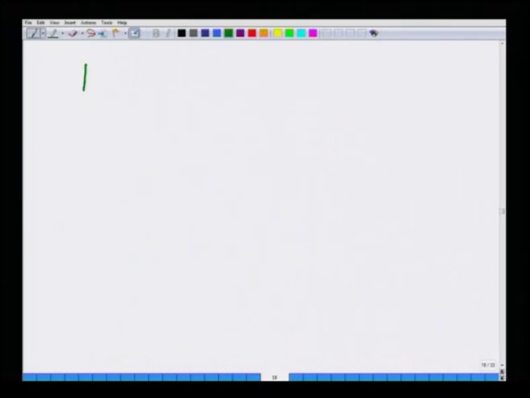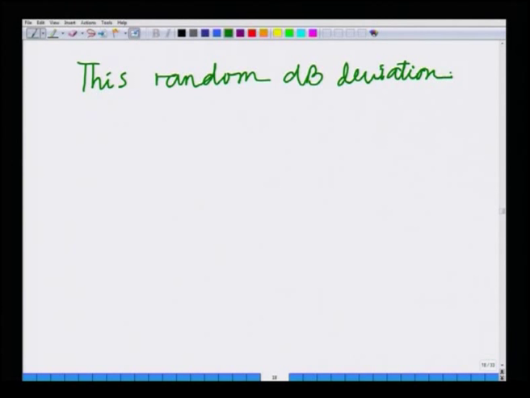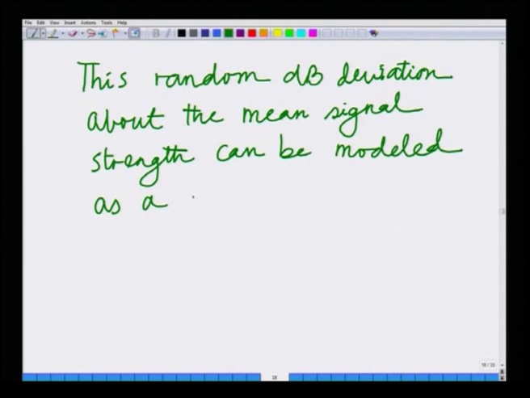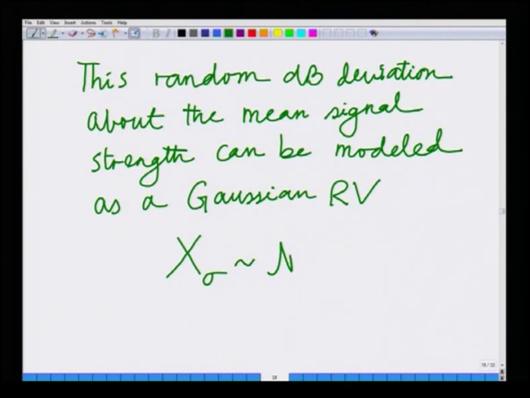This random dB deviation can be modeled as a Gaussian RV, that is X sigma, such that it is Gaussian with 0 mean and variance sigma square.